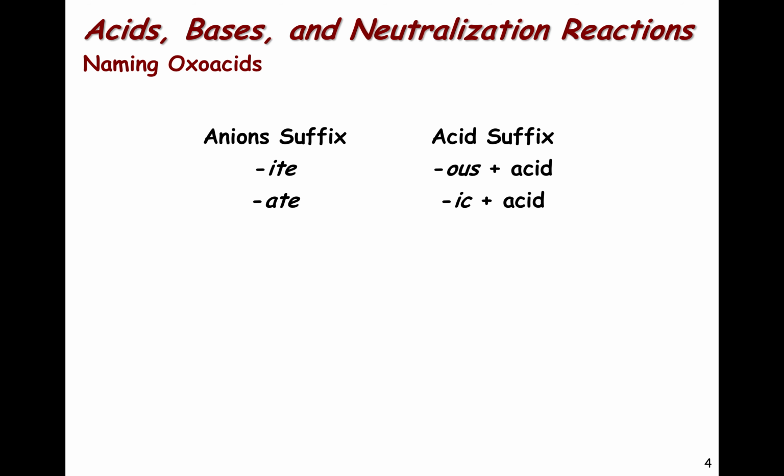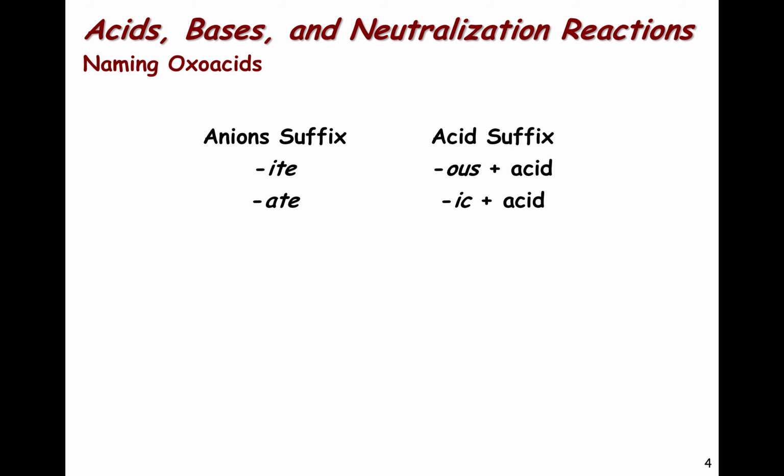At this point, we should discuss how to go about naming various acids. To do this, we first have to be able to identify the anion that is in the formula. Typically, if we're dealing with an oxo acid, the anions are going to be polyatomic ions. These polyatomic ions could end with the suffix "ate" or possibly "ite," depending upon how many oxygens there are.